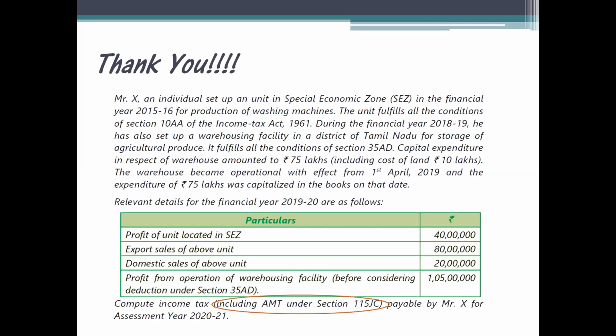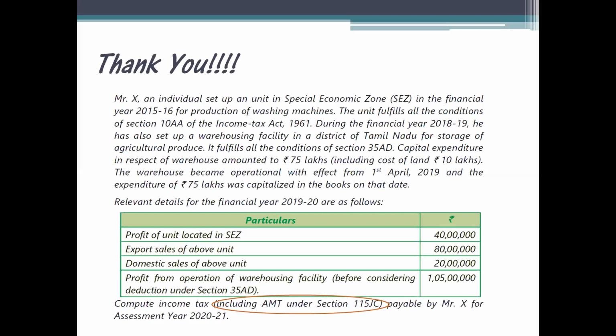The first point to be noted in any question is to see the nature of assessee. Here it's an individual. Check if they have asked to compute income tax. Yes, they have asked us to compute. In this particular example, they have said including AMT under section 115JC. If in case this is not included, please calculate if it's applicable to the scenario.